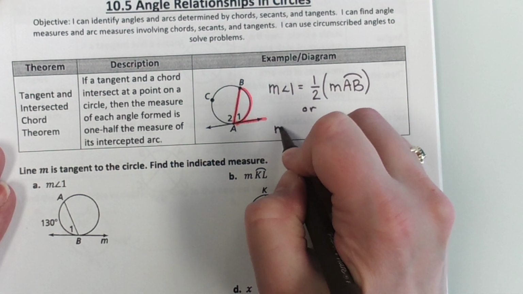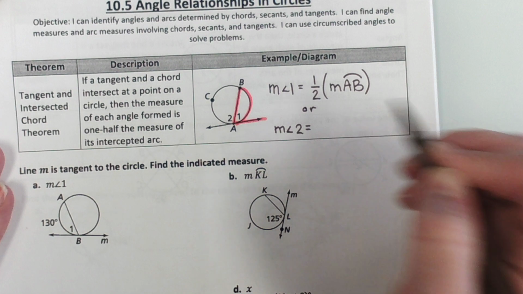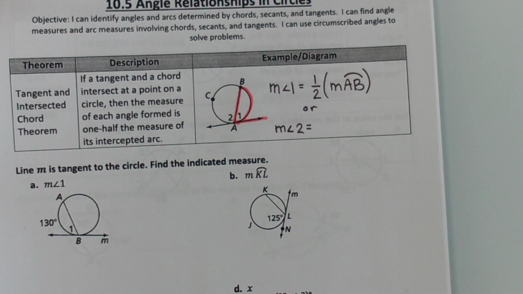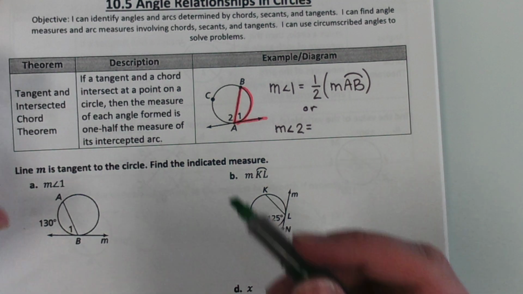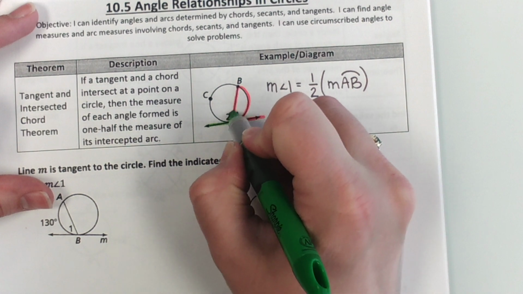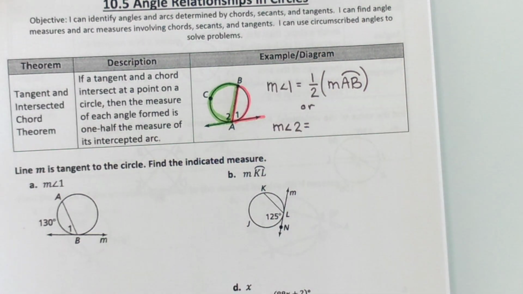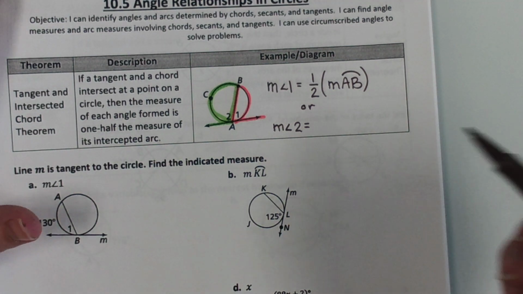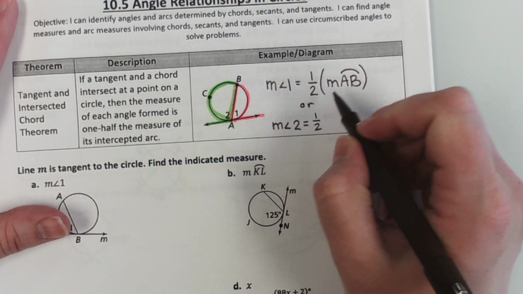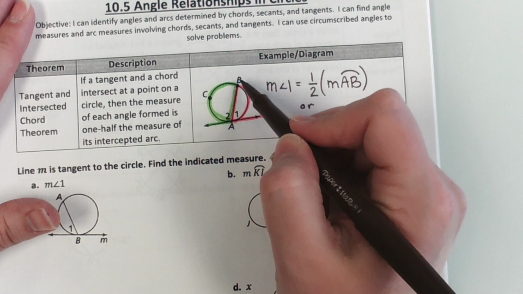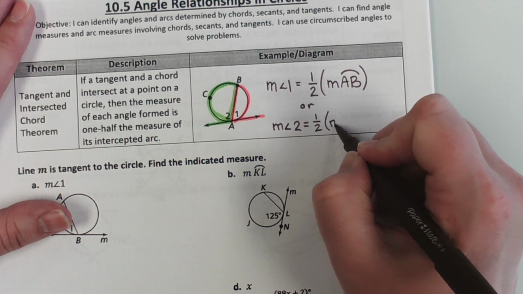We also end up with angle 2 in this picture. And angle 2, that angle, has this as an intercepted arc. What's the name of that arc? ACB or BCA.